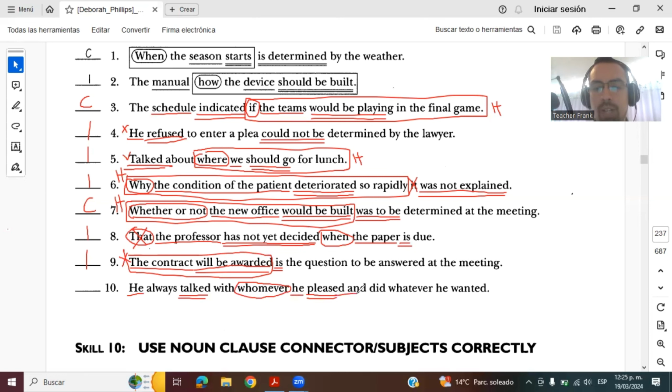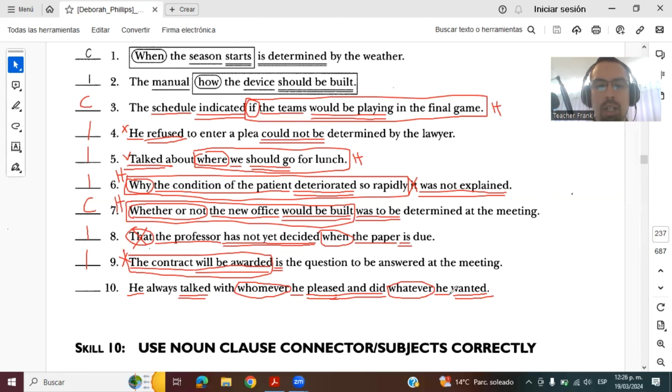Whenever you have a connector like and, we have to put that together. Whatever, we have a second connector. So what do we need? 3 verbs. And here we have it, wanted. We have 3 verbs, talked, pleased and did, because that's part of the same verb structure, and wanted. We have 3 verbs, 2 connectors. So he always talked with whomever he pleased and did whatever he wanted.